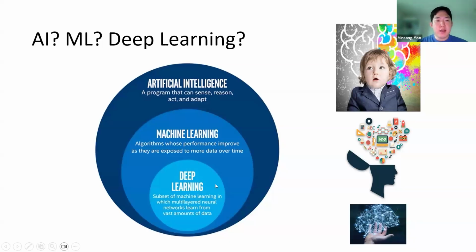And deep learning is a subset of machine learning. It's one particular type of machine learning which uses multi-layered neural networks to learn from vast amounts of data. I don't know if you guys have seen neurons, how they're connected to each other, some kind of image like this.